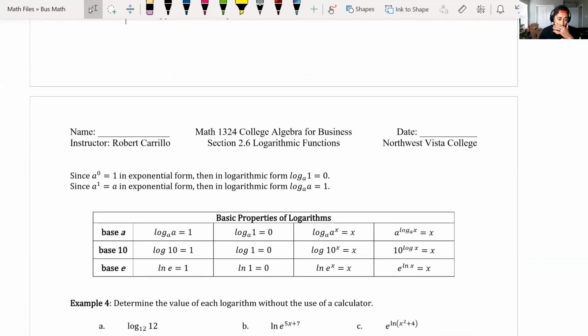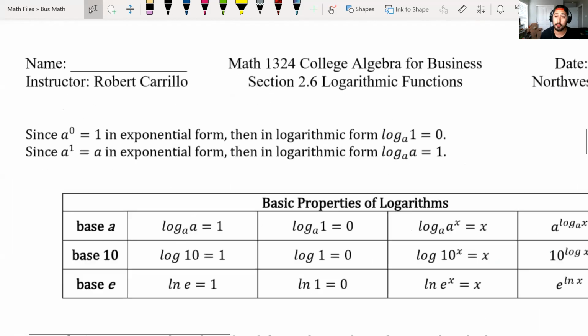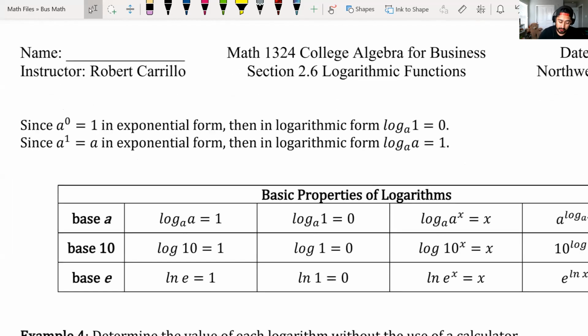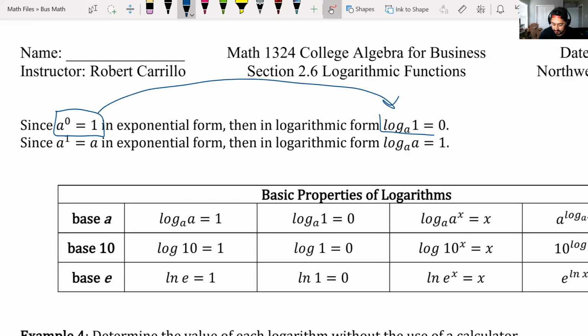Okay. So we are coming across some logarithmic properties. So one thing we know is that anything raised to the 0th is 1. That's an exponential property, which means if you convert that to a logarithm, log base a of 1, no matter what the log base is, will always be 0. Convert that from exponential to log, or from log to exponential, and you get these statements.